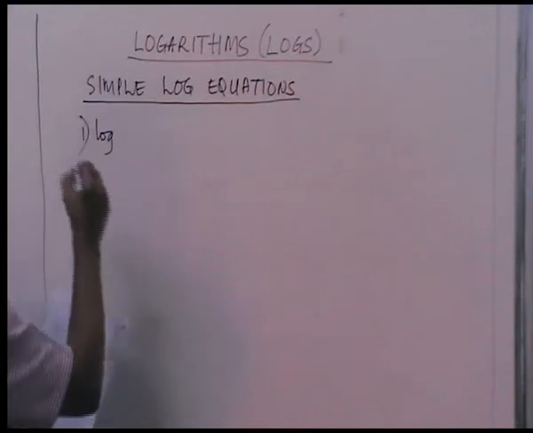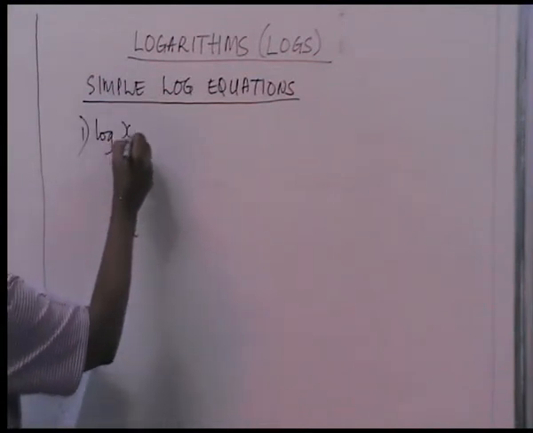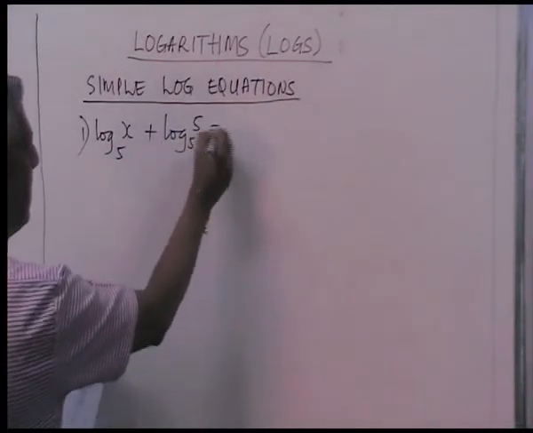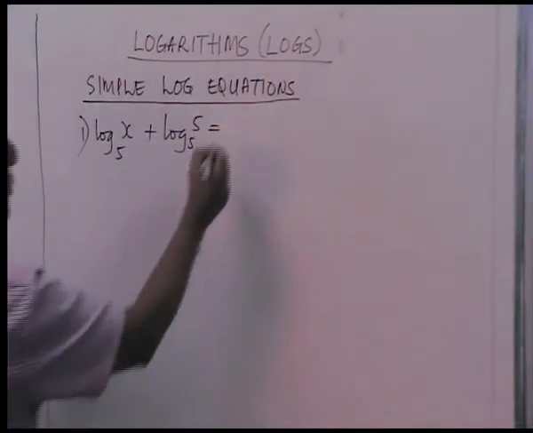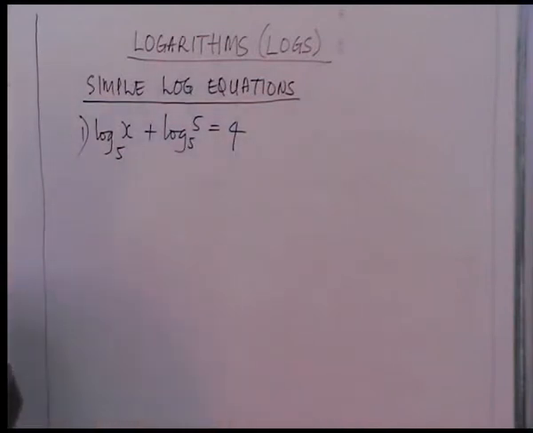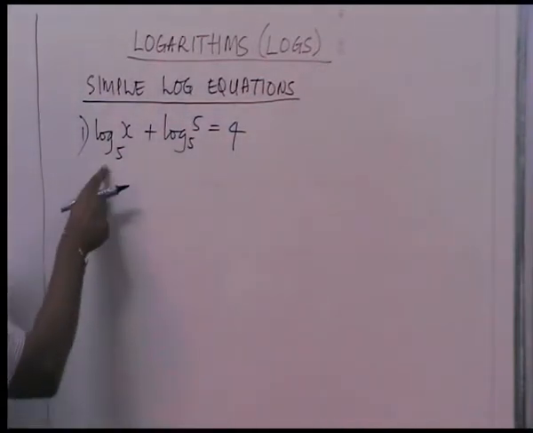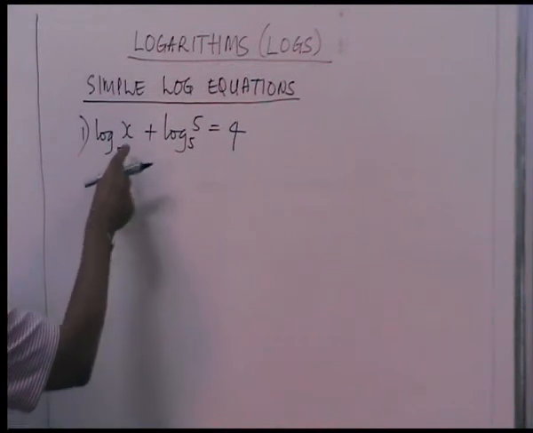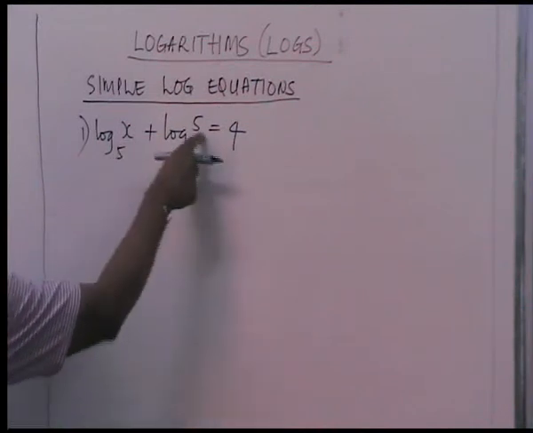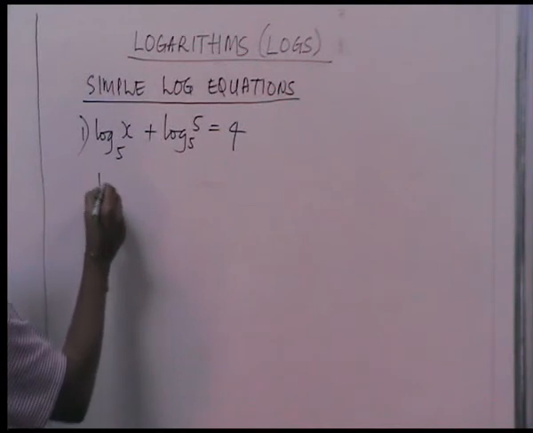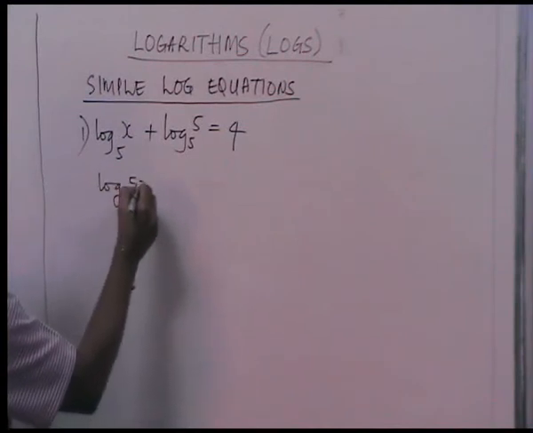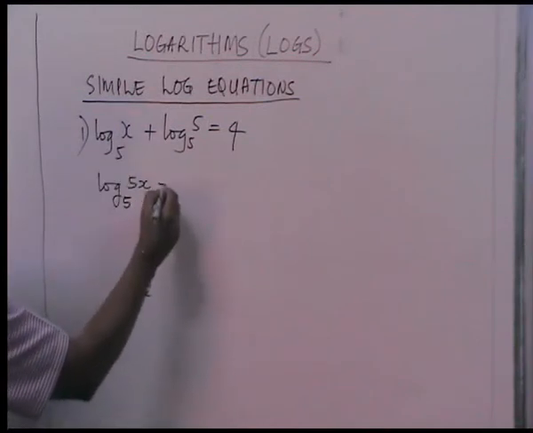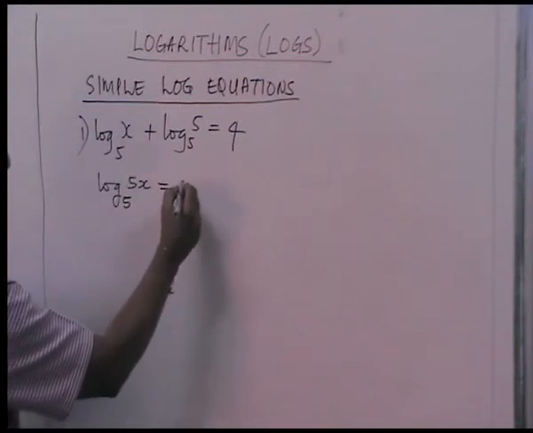Log of x to the base 5 plus log of 5 to the base 5 is equal to 4. So one way to do this is to say log 5x to the base 5 is equal to 4.